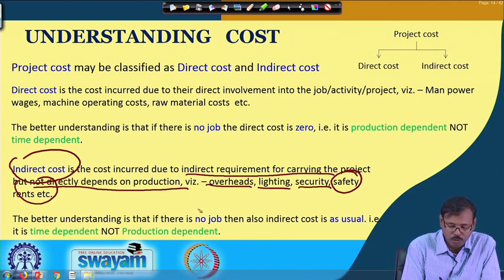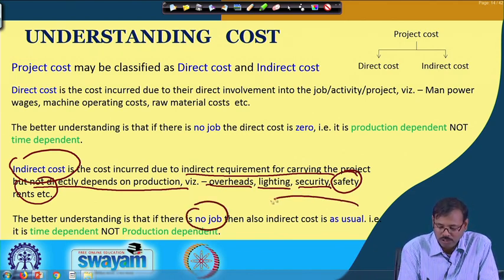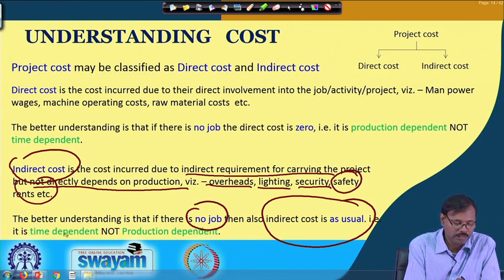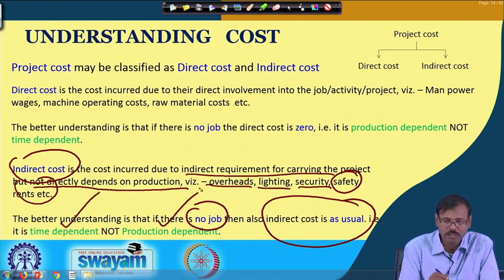So if there is no job, the costs are still the same as usual, and that is why it is time dependent, not production dependent, and is called indirect cost.